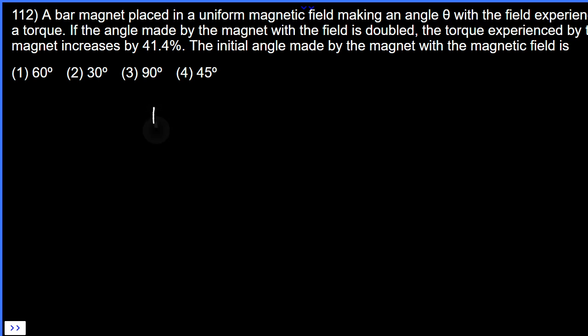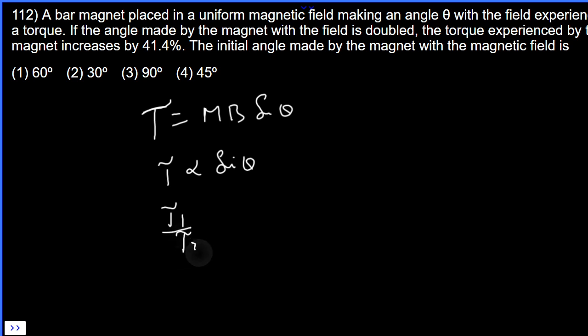So for a bar magnet placed in the magnetic field, the torque acting on it is tau equal to mB sin theta. From this, tau is proportional to sin theta, so tau 1 by tau 2 is equal to sin theta 1 by sin theta 2.